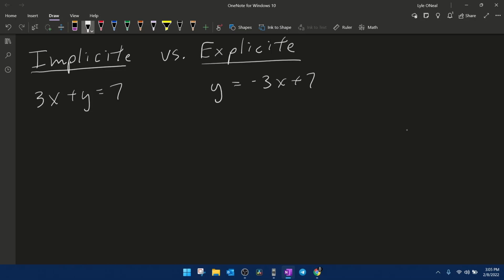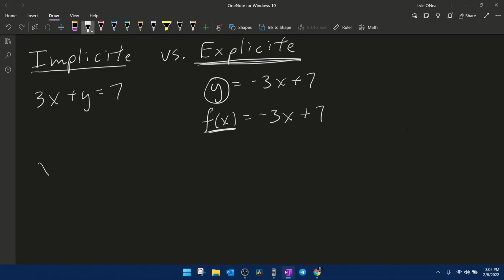Another cool thing to notice is you can tell if you have the explicit form if you can say f of x equals. The only way you can say that is if y is isolated, if y is all by itself on one side. And then we can write this equation in function notation, f of x equals negative 3x plus 7.